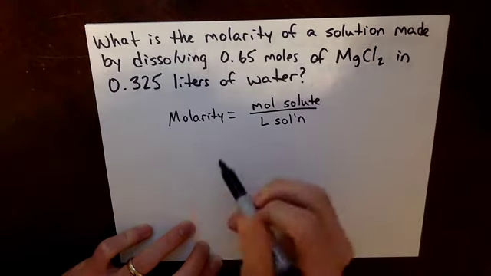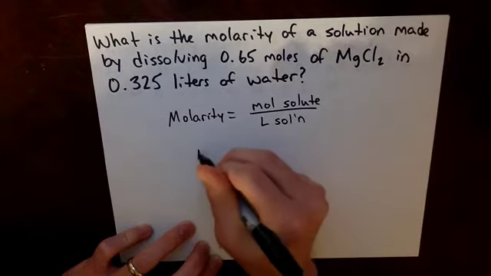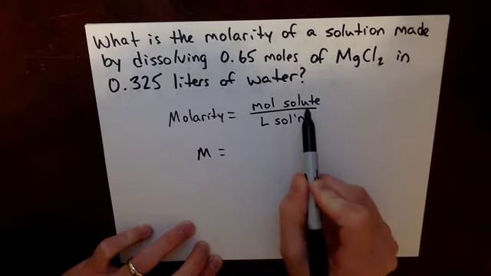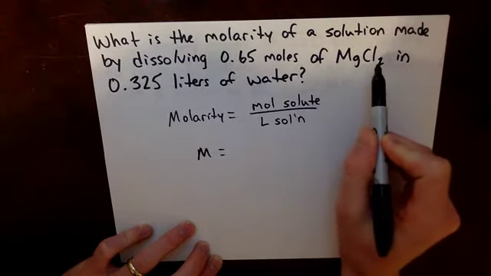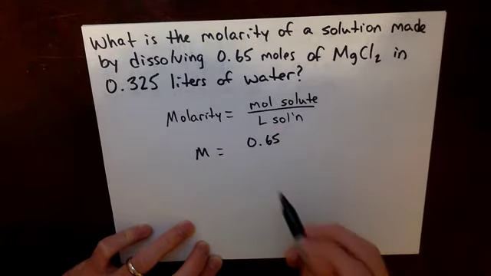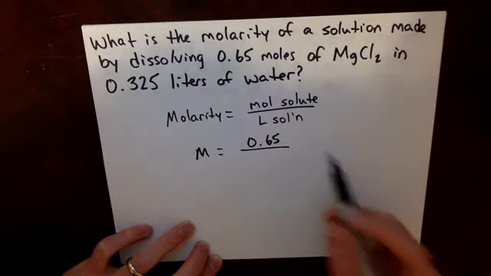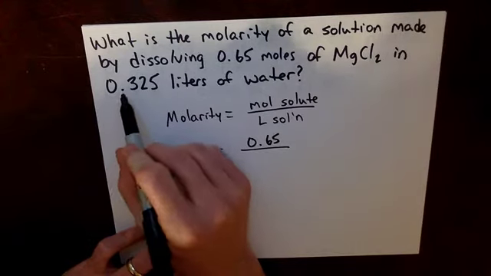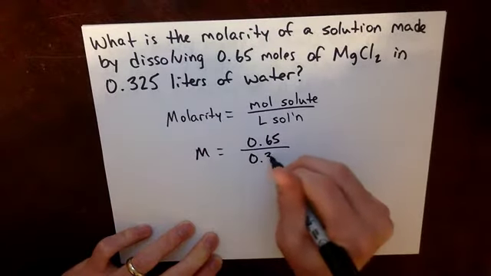Okay, so in order to calculate the molarity, which is capital M, all we need to do is take the moles of solute, which is getting dissolved, so that's our MgCl2. There are 0.65 moles of it, and we're going to divide that by our liters of solution, which is 0.325 liters.